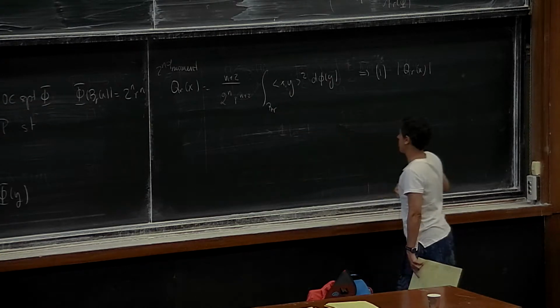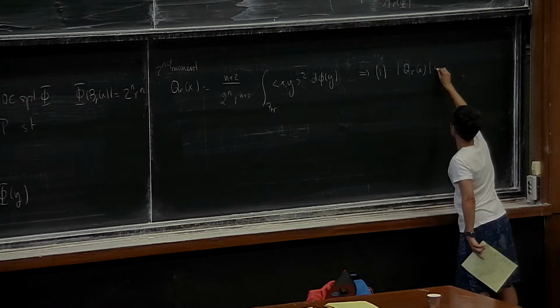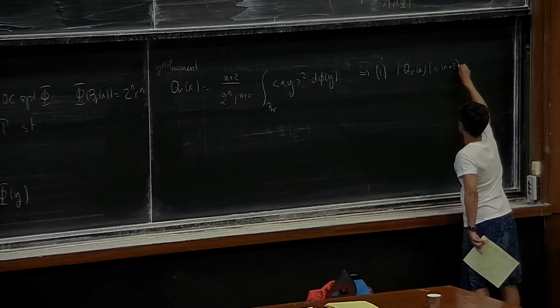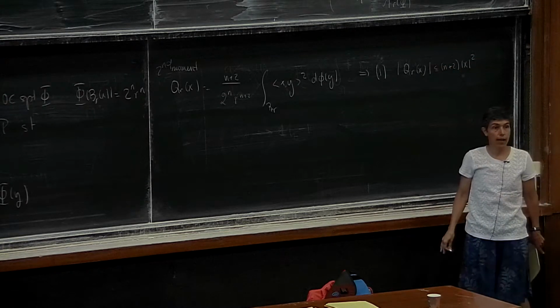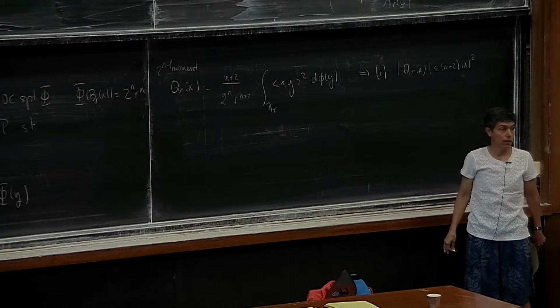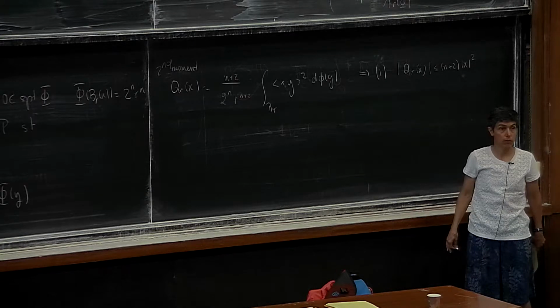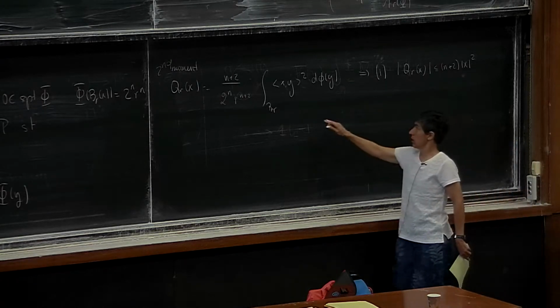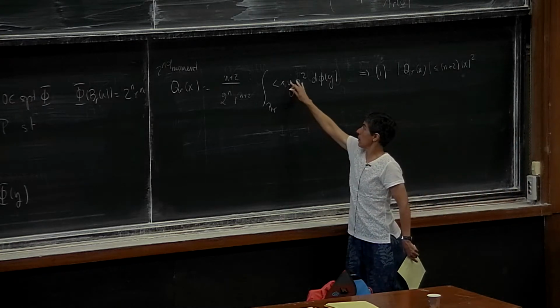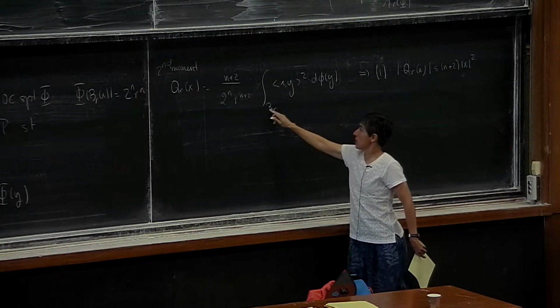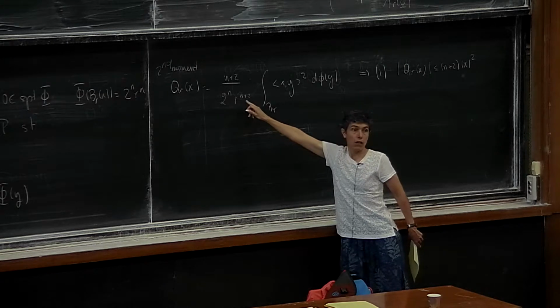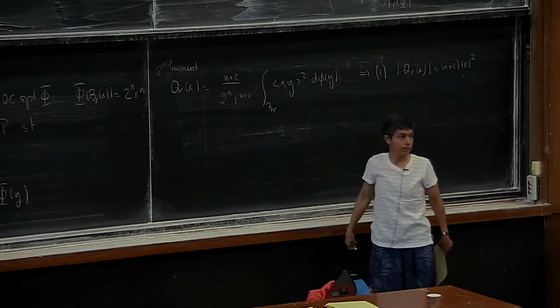So this is less or equal than n plus 2 times x squared. For every single r, this is a bounded quadratic form. The measure of this ball is 2 to the n, r to the n, and that's what I get.